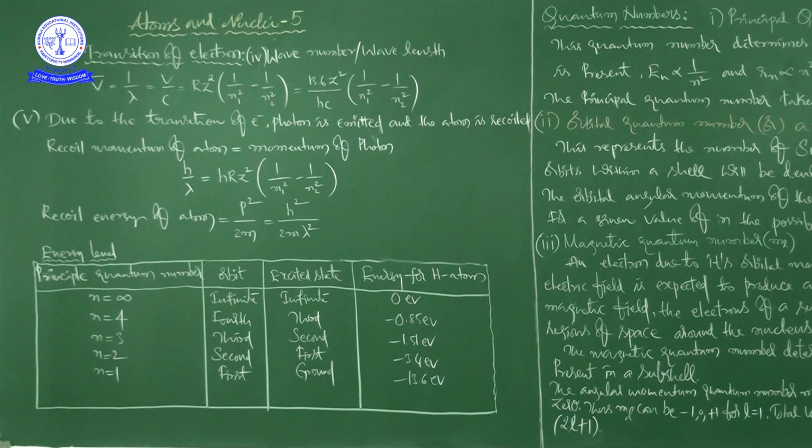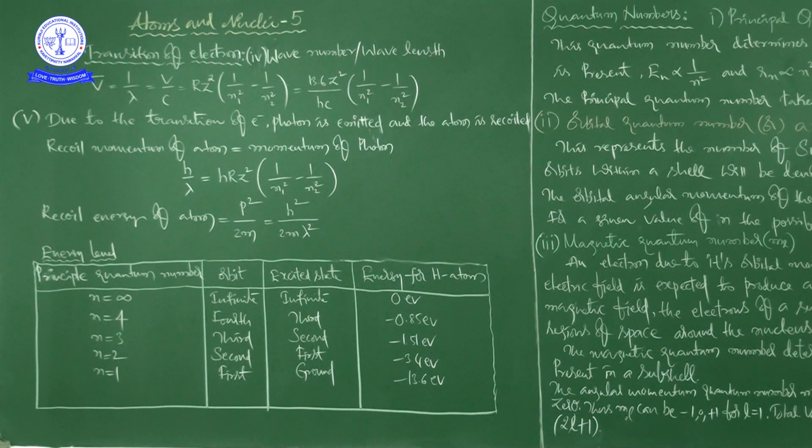If electron falls from nth orbit to ground state, that is N2 is equal to n and N1 is equal to 1, then the number of spectral lines emitted, Ne is equal to n into (n minus 1) by 2.